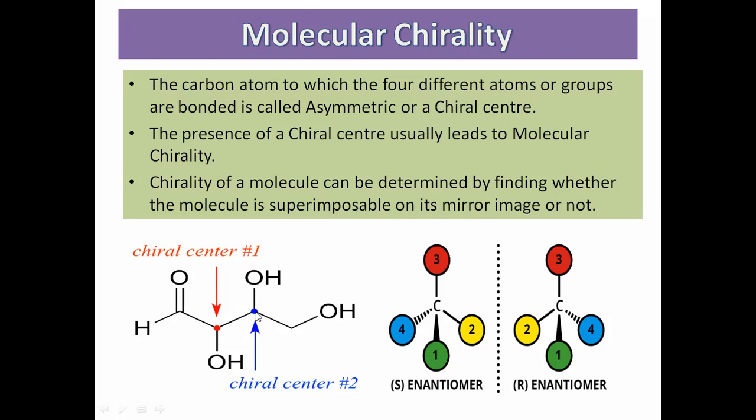Then the next carbon, you see here, the blue dot. On this side, it is attached to this carbon having the OH and this aldehyde group, then attached to this hydroxyl group, then here it is H, and on the right hand side it is attached to a CH2OH group.